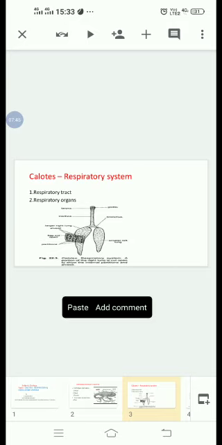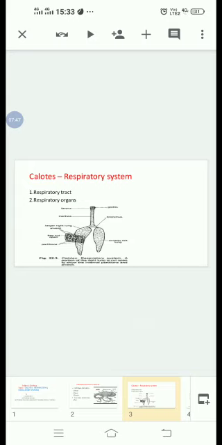The larynx is in contact with two pairs of muscles known as musculus constrictor laryngis, which acts as the sphincter of the glottis, and musculus dilator laryngis, which helps in the opening of the larynx.